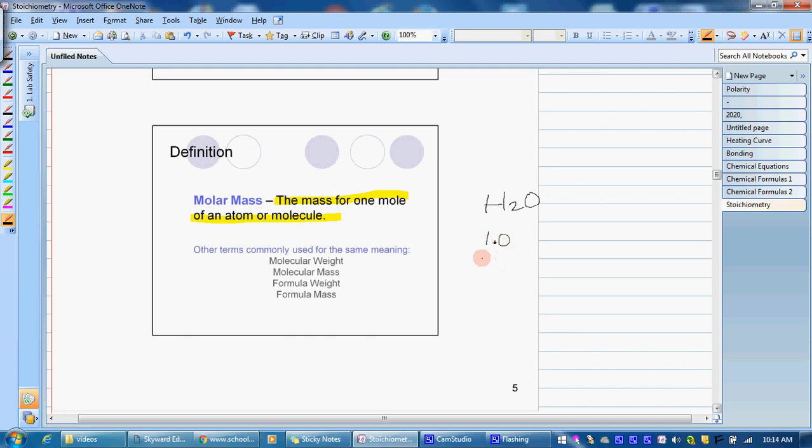Okay, so we're going to round. Oxygen has the mass of 15.99, so we're going to round that up to 16.0. And there's 2 hydrogens, so we have to take this times 2. So we're going to have 2 plus 16, and our molar mass for water is going to be 18 grams. Or we can say AMUs here too, but most of the time when we're dealing with mass, we use the label grams.